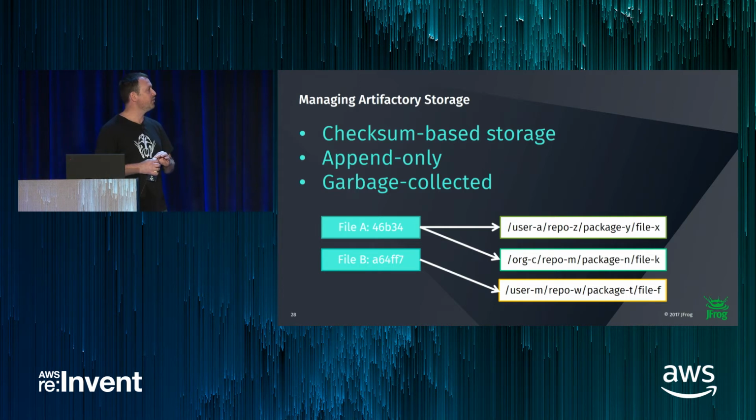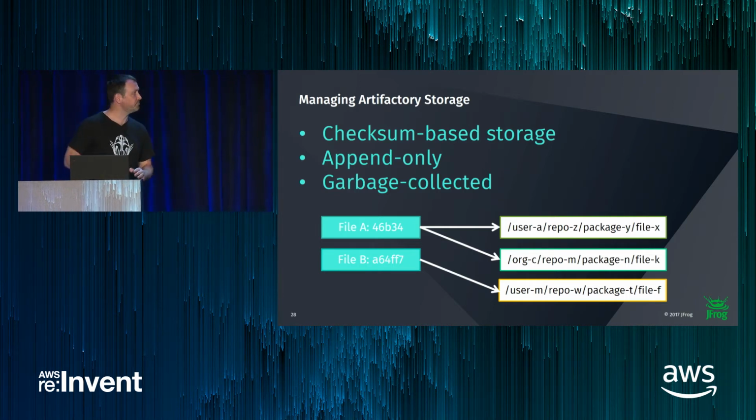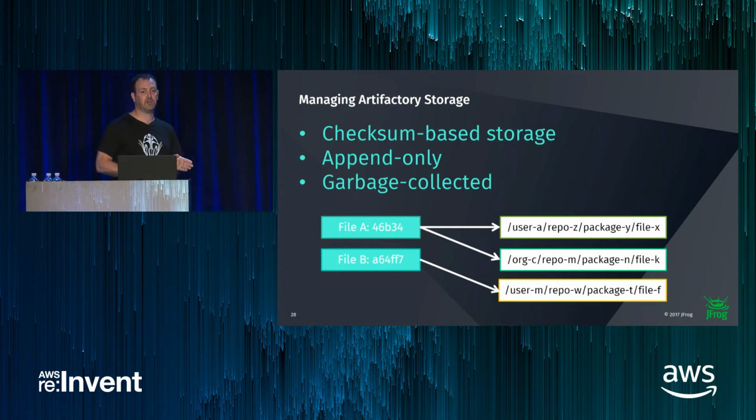Essentially, Artifactory employs a checksum-based storage, meaning that the files themselves are based on the SHA-256 of the file. So if you look at any EFS file storage, for example, with Artifactory, you will see this layout of the SHA-256 files, and the hierarchical characteristics of Artifactory are just in the application using a relational database.